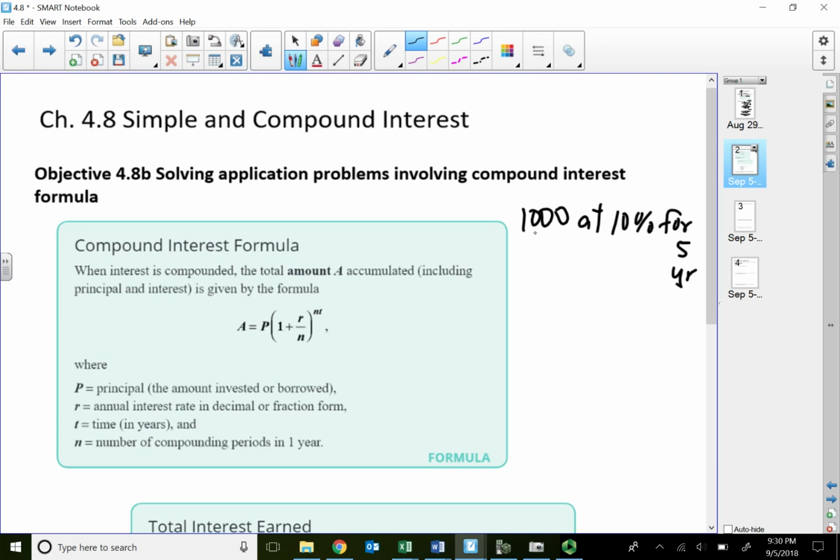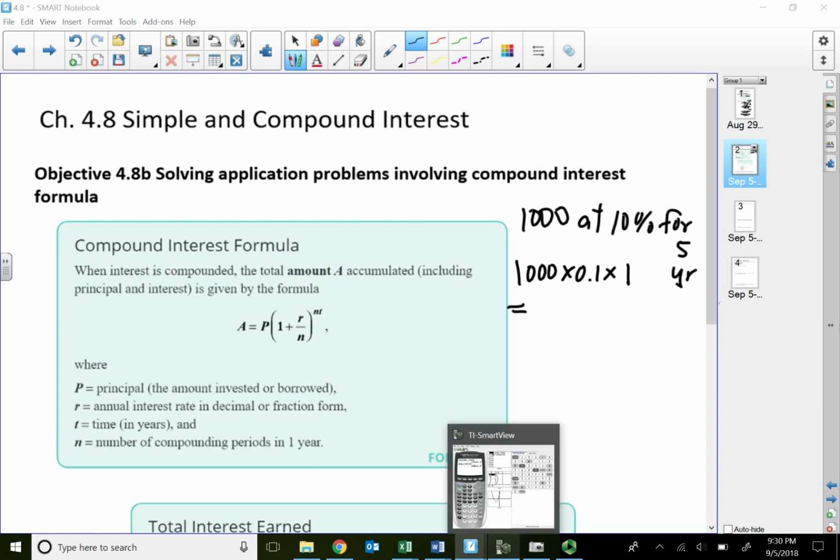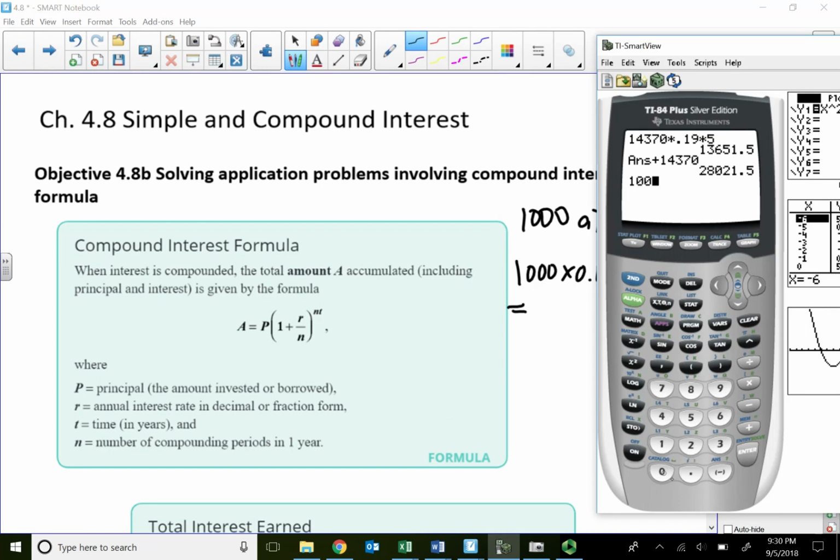If I'm using the simple interest formula that I introduced in the previous video, that will be principal times rate times time. So let's do this 1 year at a time. $1,000 times 0.1 times 1 year.